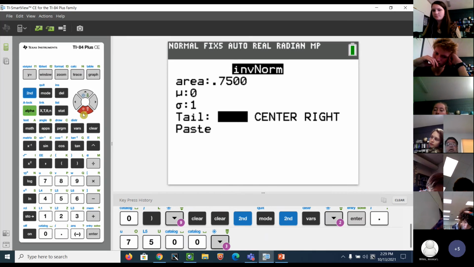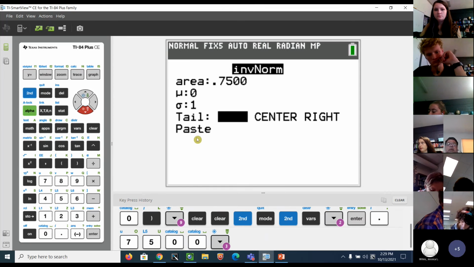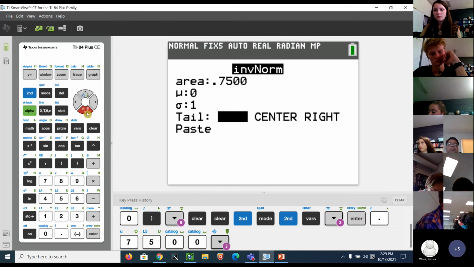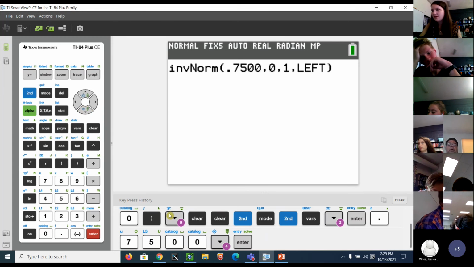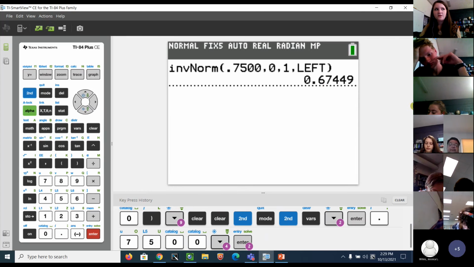And most of them are going to be left because we read from left to right, and most of the time they want to know the area to the left. And hit paste and enter. And that is the z-score that represents 75%. Once you have the z-score, you plug it into sigma z plus mu, which is that formula right there, and it will give you the x.